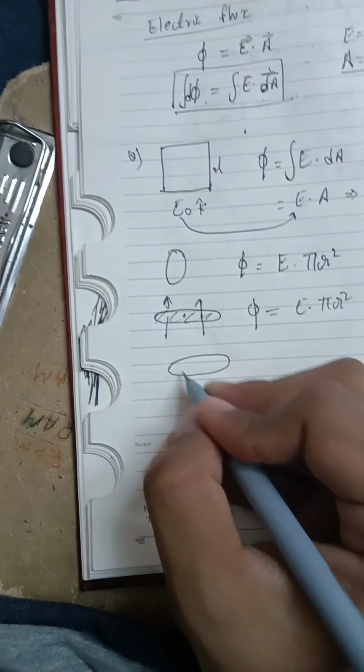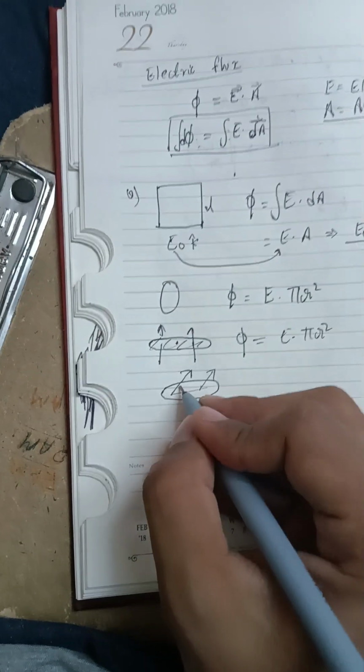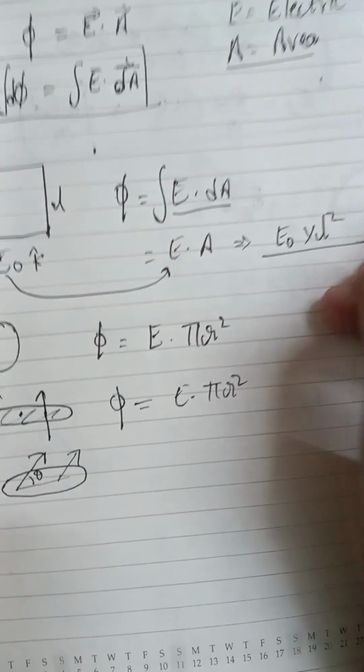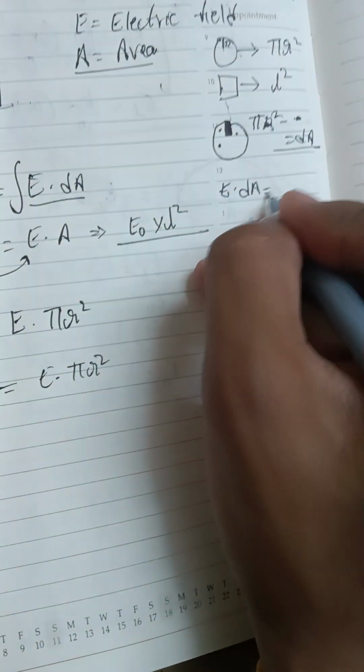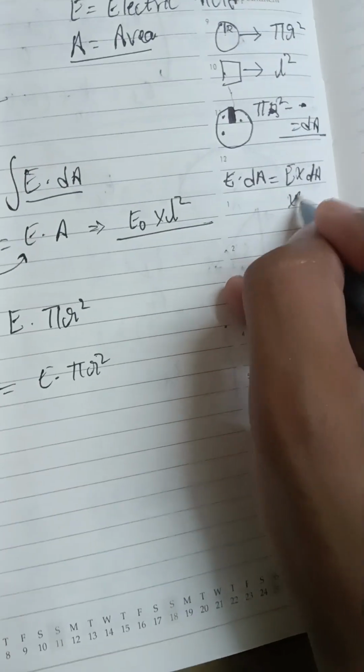So I'll show. Again, the electric field lines are going in a slanting way at an angle theta. For this I have to do something. What does E dot dA mean? It is E into dA into cos theta.